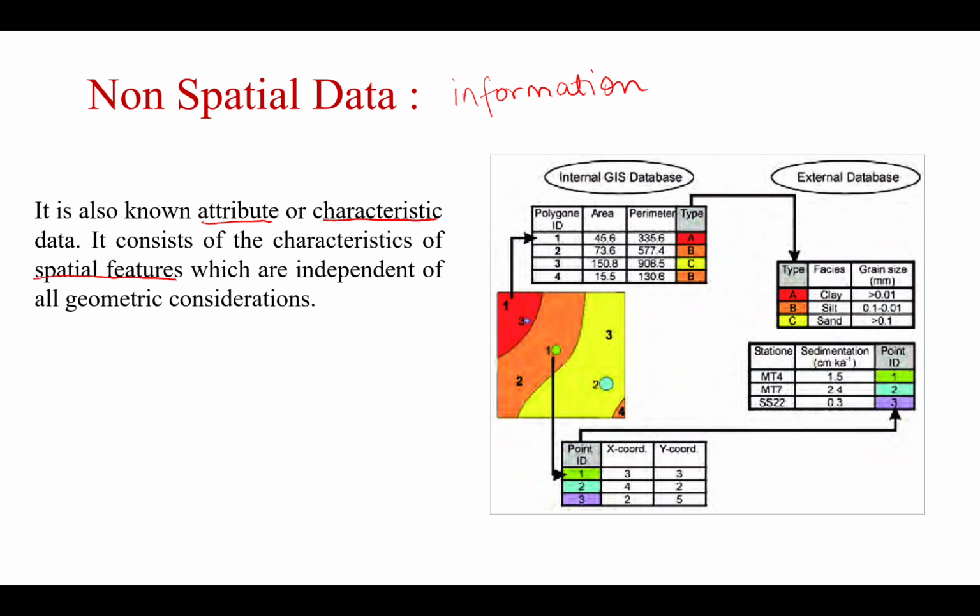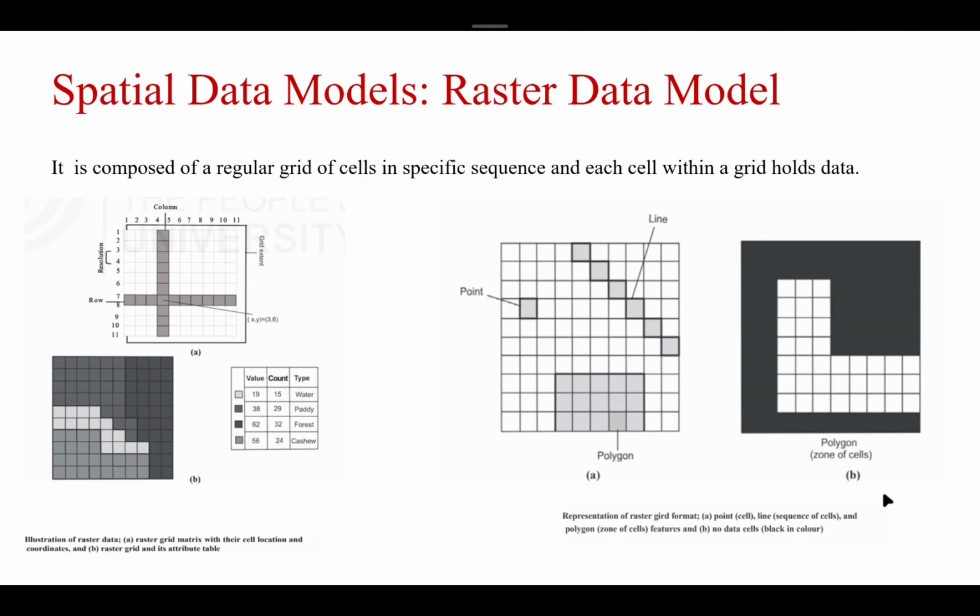There can be a lot of data that I can receive of the spatial data. So that data that I am giving of the spatial data is called non-spatial data. It is not giving you information about the space, but it is giving you information about that particular place in terms of numerical data and in terms of its characteristics. So it can give you a lot of data about that place.